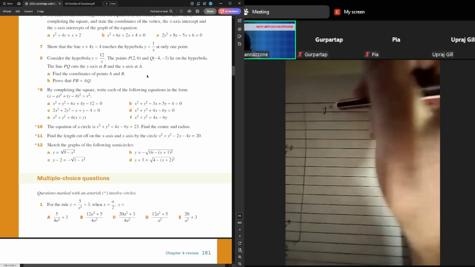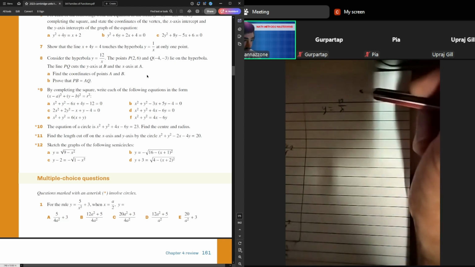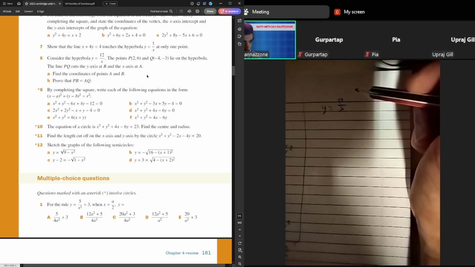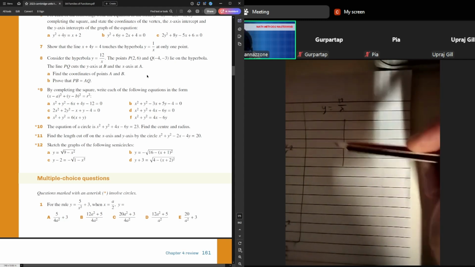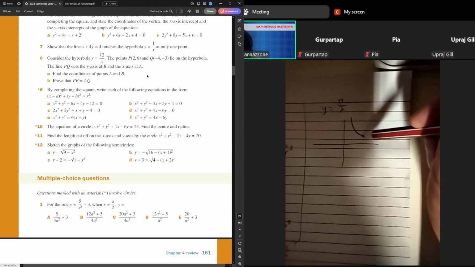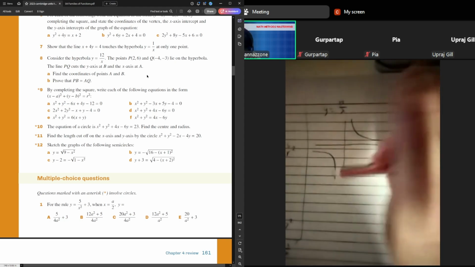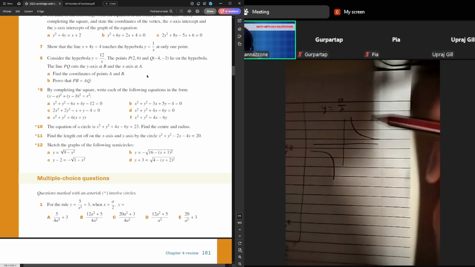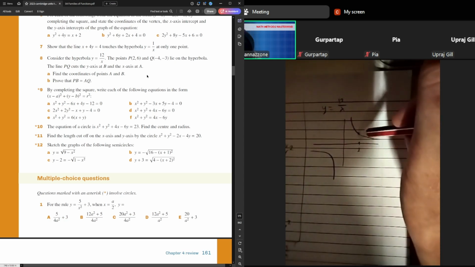We have y equals 12 over x. I'm just going to give you a visual of what's going on currently. 12 over x is a basic hyperbola. It's going to have some points, so we'll call it 2, 6, like that.